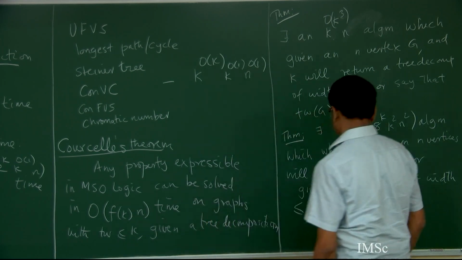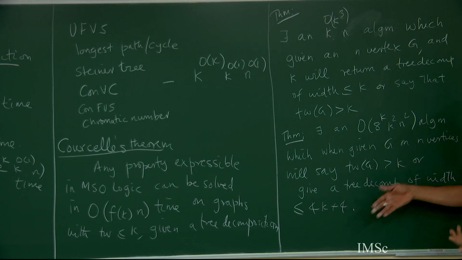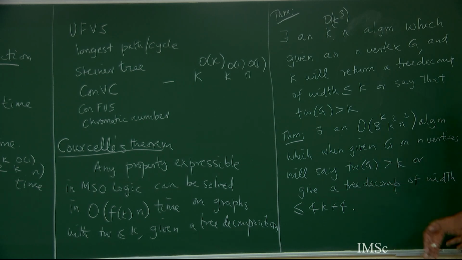This is very useful actually, that it's a reasonable running time, 8 power k, single exponential. Either it will say your tree width is greater than k, or it will produce a tree decomposition of width at most 4k plus 4. If it produces this, you still don't know whether the tree width is less than or equal to k or not, but it gives you sort of like a 4 approximation.